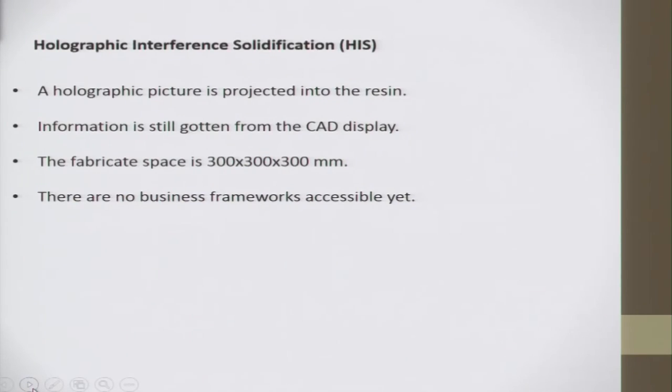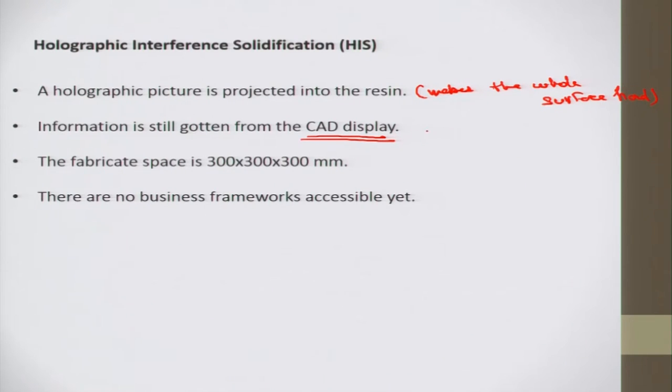Now, next is holographic interference solidification. A holographic picture is projected into the resin in this case. This makes a whole surface hard. In this case also the information is got through the CAD model, the CAD display.